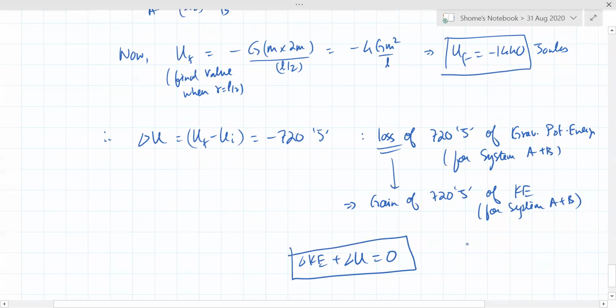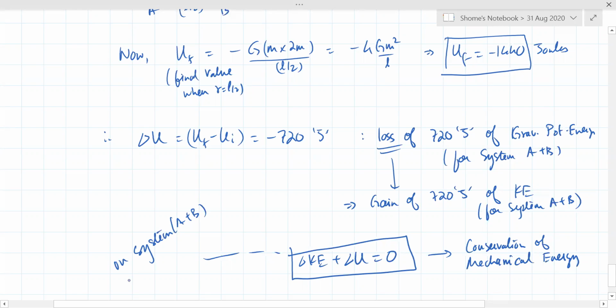By doing this, we are applying the concept of conservation of mechanical energy. And why are we able to conserve mechanical energy? Because on the system, that is A plus B, there is no external force to do work.